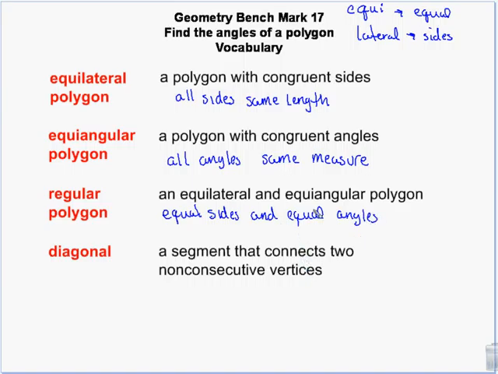Okay. Squares are regular because they have equal angles and equal sides. An equilateral triangle is regular because it has equal length sides and equal angles. A stop sign is a regular octagon.